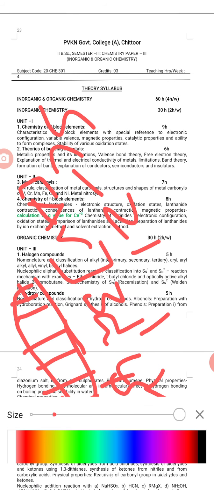So elements containing unpaired electrons are called transition elements. So are all D block elements transition elements or not?